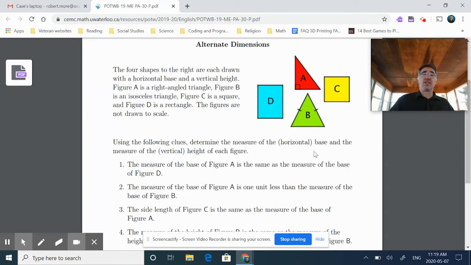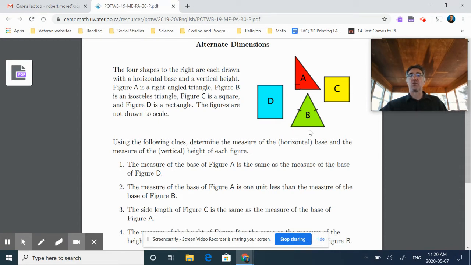So it starts off and it says the measure of the base of figure A is the same as the measure of the base of figure D. So we know that this base here and that base there are exactly the same. The measure of the base of figure A is 1 unit less than the measure of the base of figure B. So we know that this one and this one are going to be 1 unit less than this one.